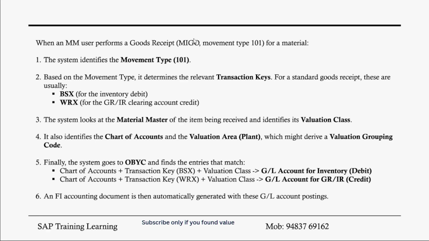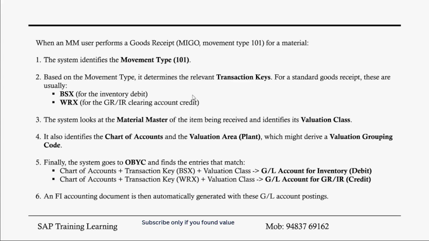So whenever you do the MIGO transaction, which means either you are going to receive goods or issue goods, the movement type is important. Based on this movement type, transaction keys are triggered. And we don't want the transaction keys to directly have GL accounts.